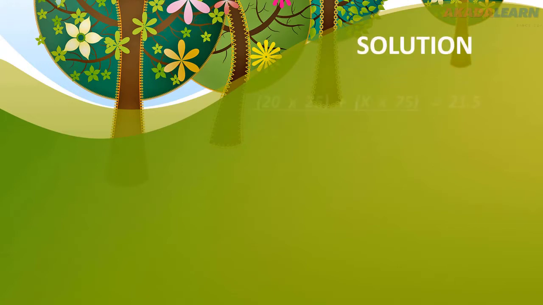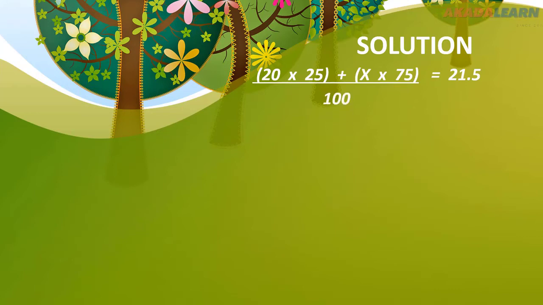Solution: 20 times 25 plus X times 75 divided by 100 will give us 21.5. Breaking that down, we're going to have 500 plus 75x divided by 100 to give us 21.5.